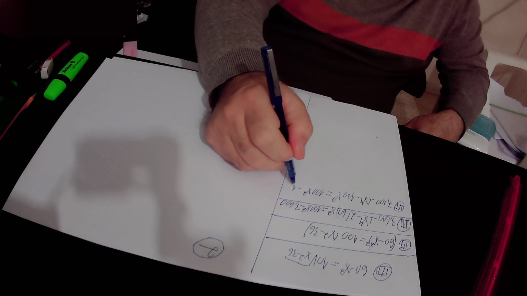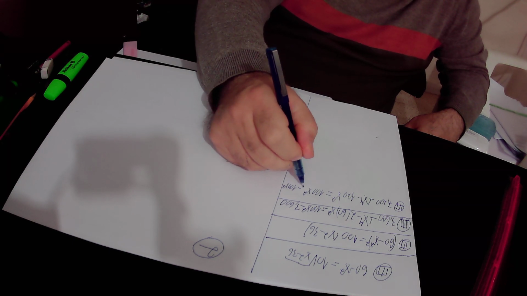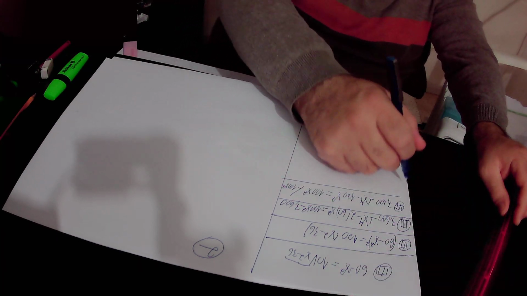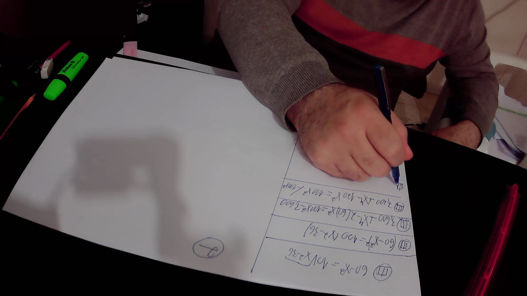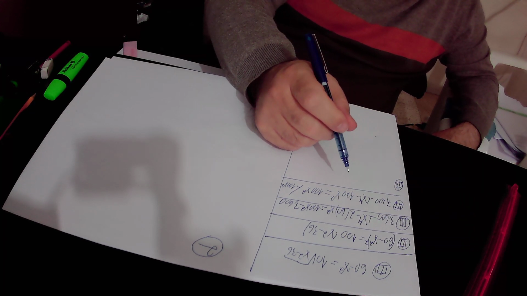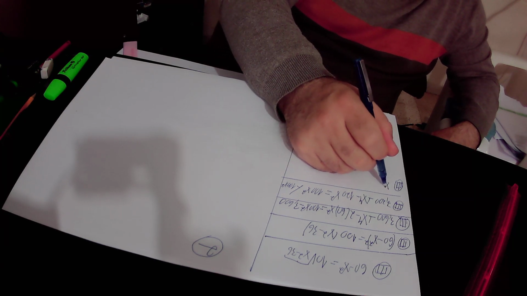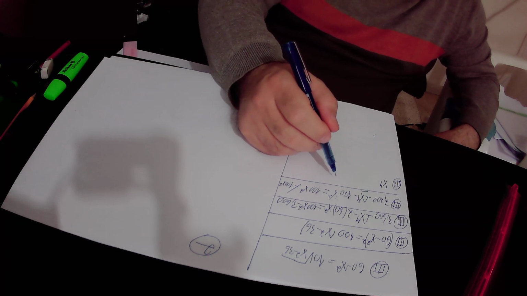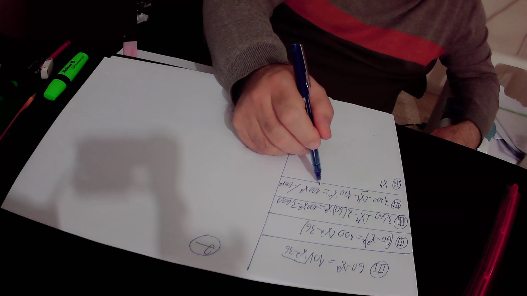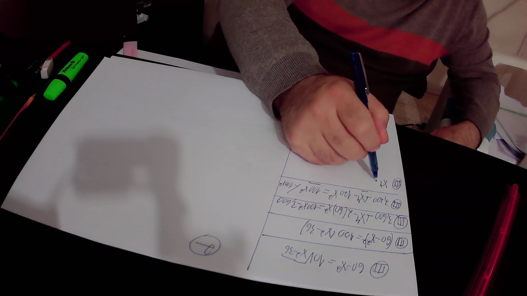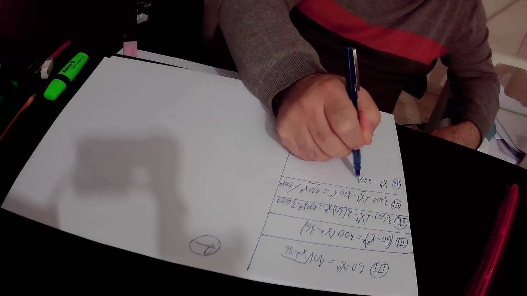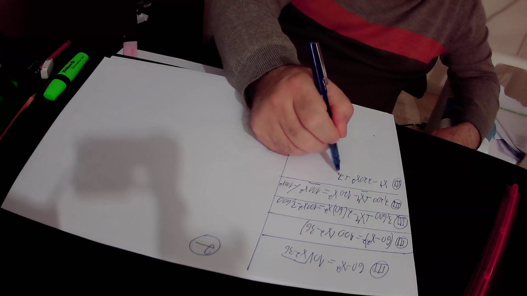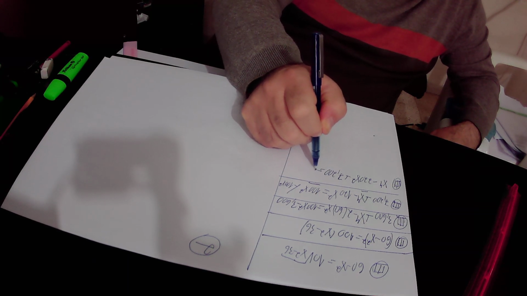Here we will subtract 100 x squared from this equation, equation number 3, and we get that according to equation number 3, x to the power of 4, and here we have minus 120 x squared minus 100 x squared, it is minus 220 x squared, plus 7200 equals 0.